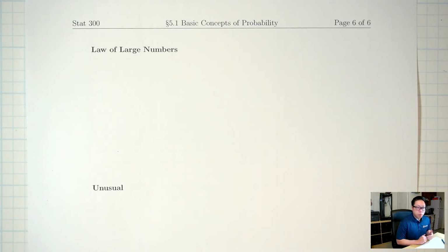The law of large numbers is basically what we just saw on the previous page. It says that the experimental probability and the theoretical probability are about the same, assuming that you're doing the experiment many, many times.